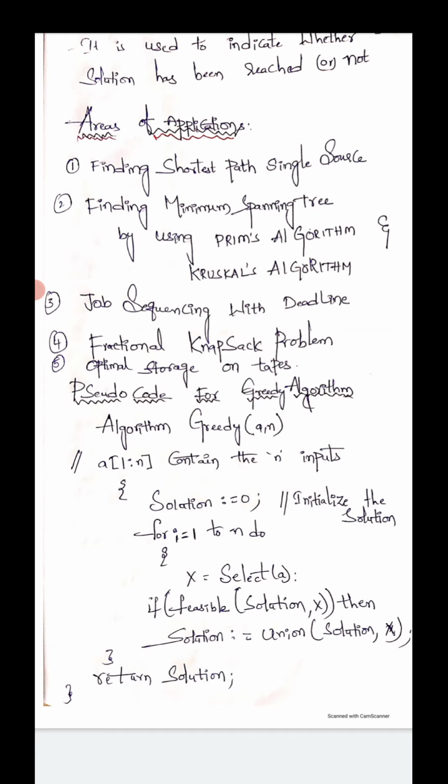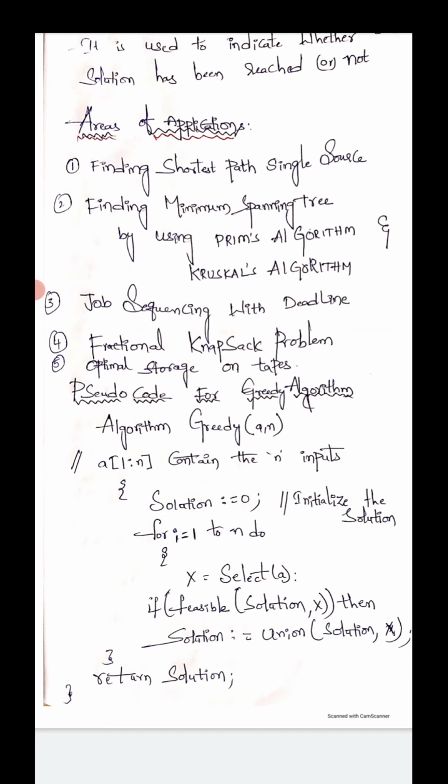First we initialize the solution, and finally we return it. Here the function select picks an input from the array a and removes it, and the selected value is assigned to x.